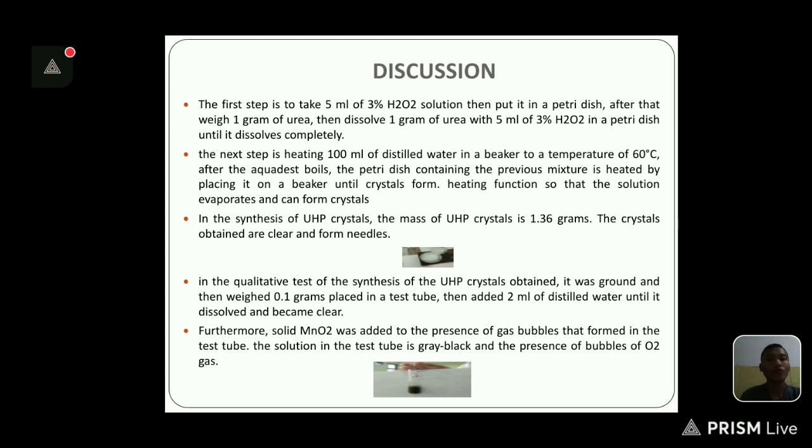Then 2 ml of distilled water was added until it dissolved and became clear. Solid manganese dioxide was then added, and gas bubbles formed in the test tube. The solution in the test tube is gray-black, with the presence of oxygen gas bubbles.